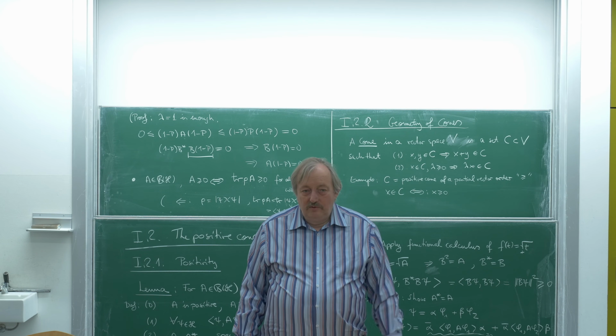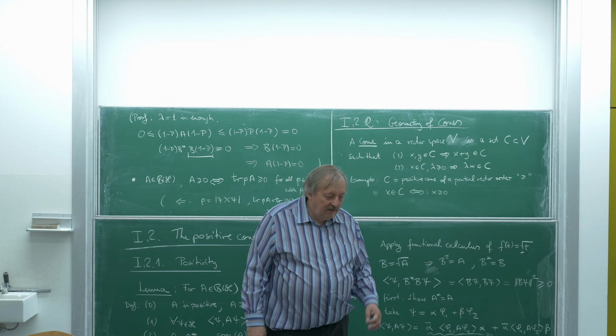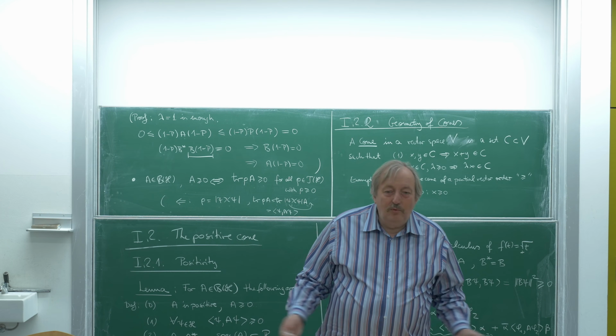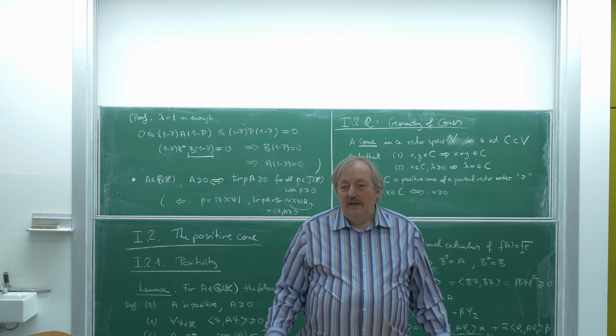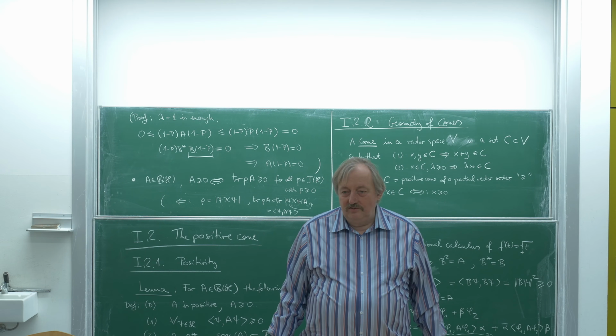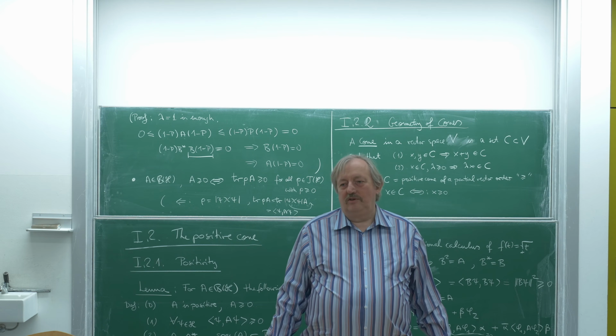Actually, we know this cone already because R4, by just choosing coordinates in terms of Pauli matrices, is isomorphic to the space of Hermitian 2x2 matrices. And the positive cone of that is exactly the Minkowski cone. Right?